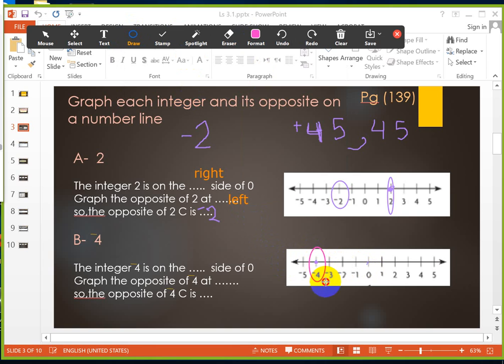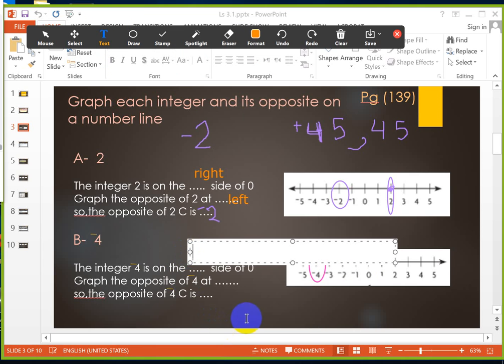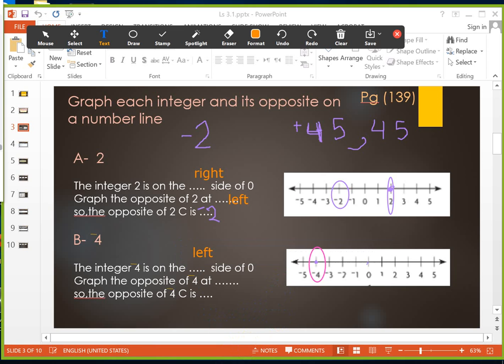It will be here on the left side, so I will write it here. So the integer negative 4 is on the left side of 0. And if I want to find the opposite of this negative 4, it will be what?